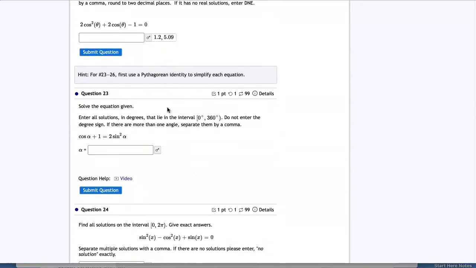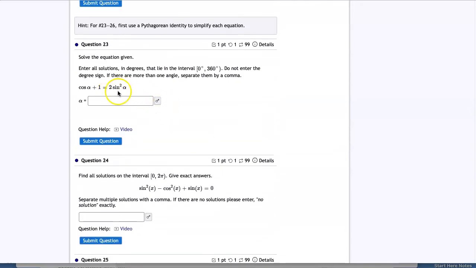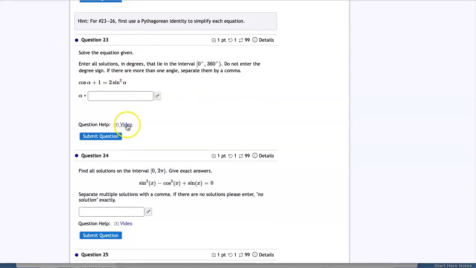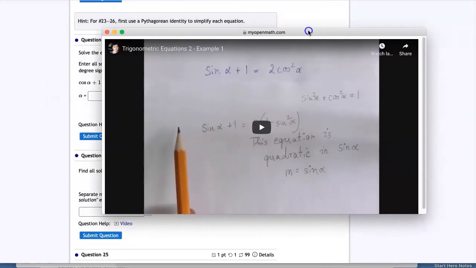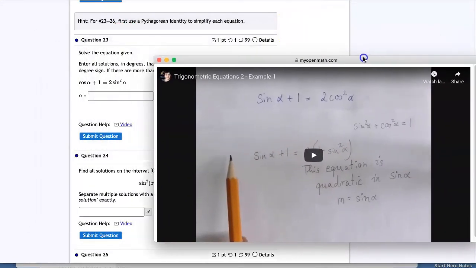Okay, so to do a problem like this, we're going to be using a Pythagorean identity to simplify the equation. And there's a nice video right here that will walk you through how to do that. But the basic idea is that you're going to replace, in this case they have sine theta plus 1 is equal to 2 cosine squared theta. In your actual problem here, it's cosine theta plus 1 is equal to 2 sine squared theta.